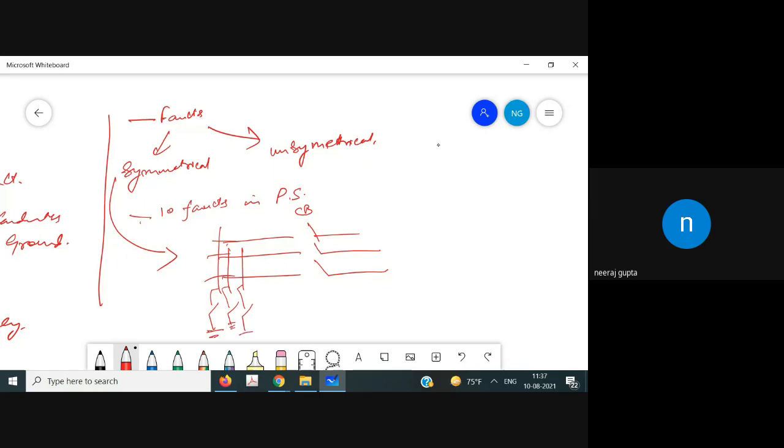So this is actually the earthing switch. This symmetrical fault occurs due to wrong coordination between the circuit breaker and the earthing switch.